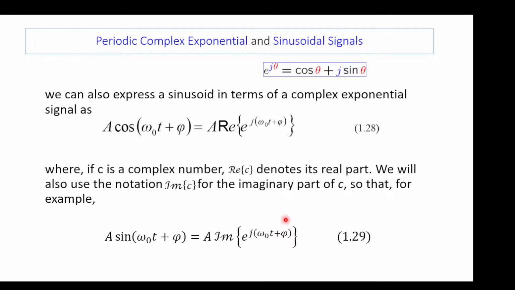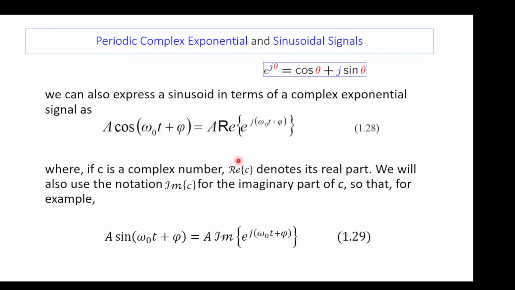Okay, and another way to express your sinusoidal in terms of complex exponential is to say A cosine of omega t plus phi is just the real part of A e to the j (omega t plus phi). And similarly, you can say A sine of omega t plus phi is the imaginary part of A e to the j (omega t plus phi). And here we introduce some notation, and the font is a bit funny, so sometimes it doesn't look so nice.